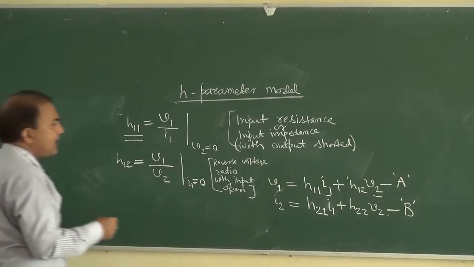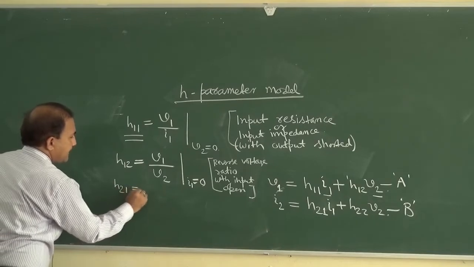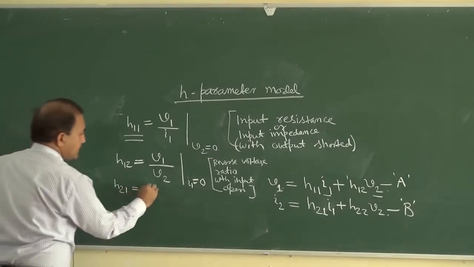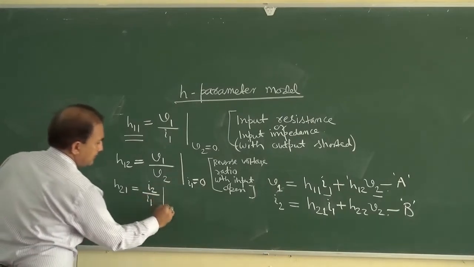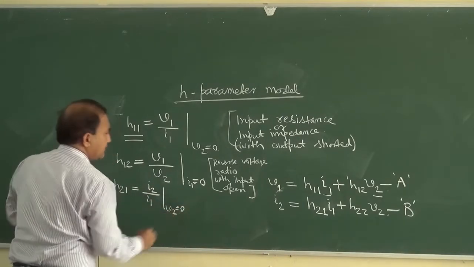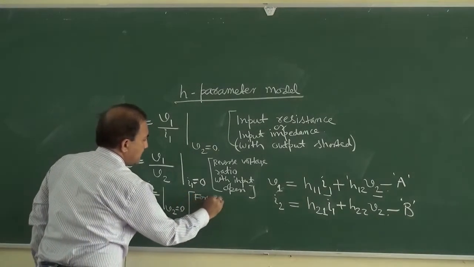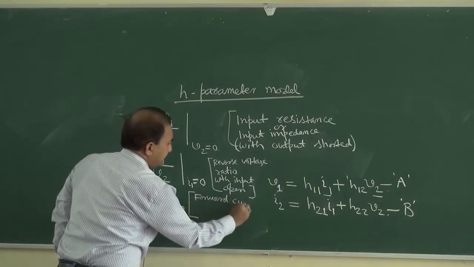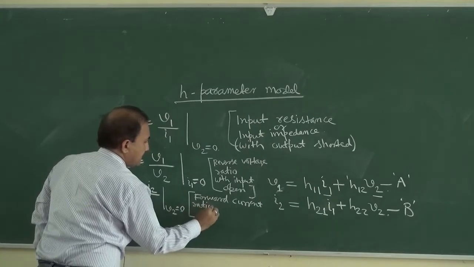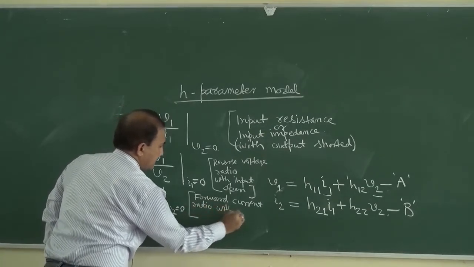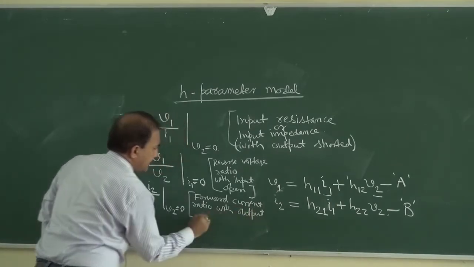Okay. Similarly, how we can represent H21? It is equal to I2 by I1 when V2 is equal to 0. Okay, so this is forward current ratio with output shorted.